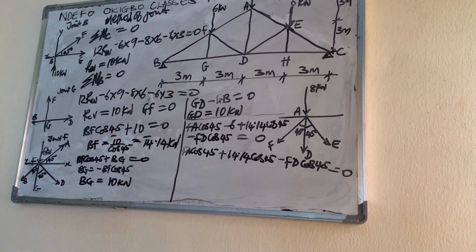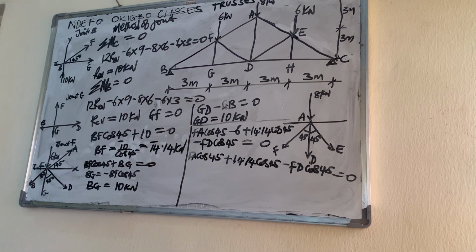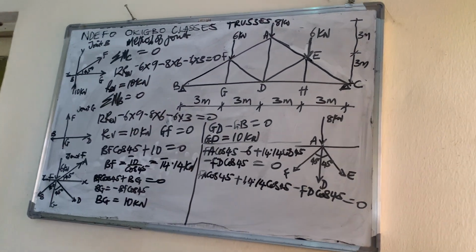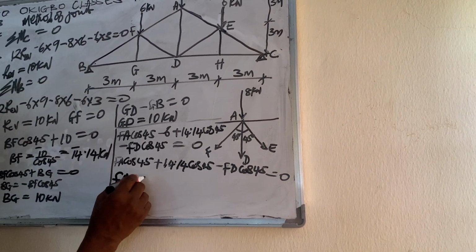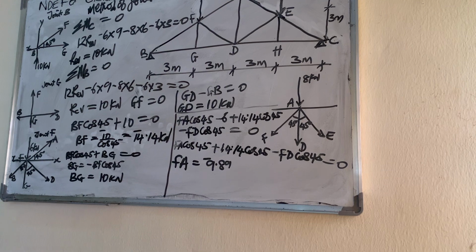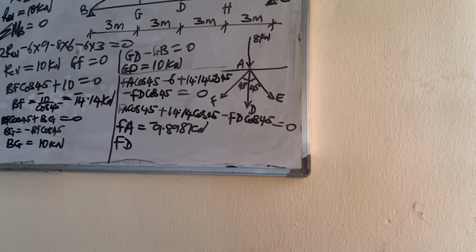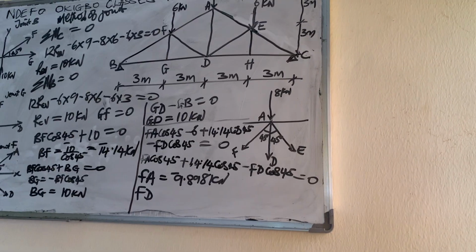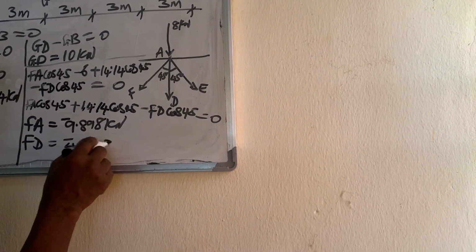I'm going to get FA equal to minus 9.898 kilonewton, while FD was gotten to be equal to minus 4.243 kilonewton.